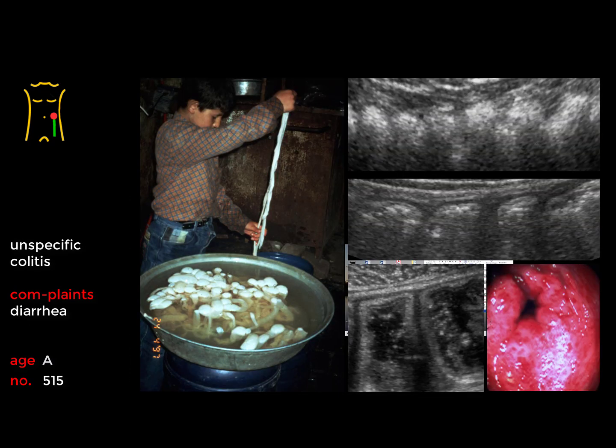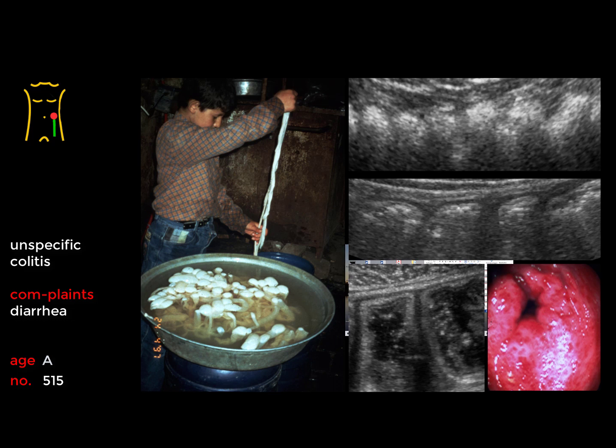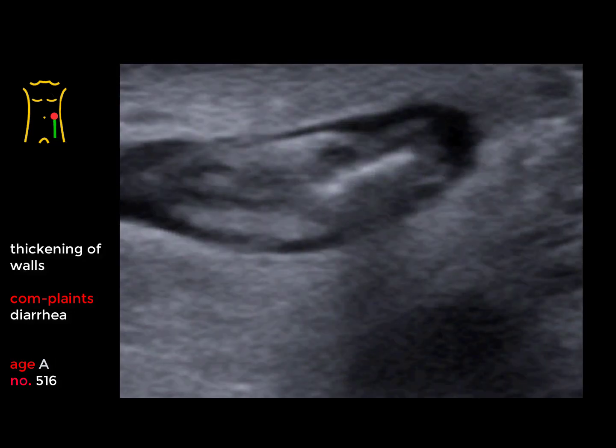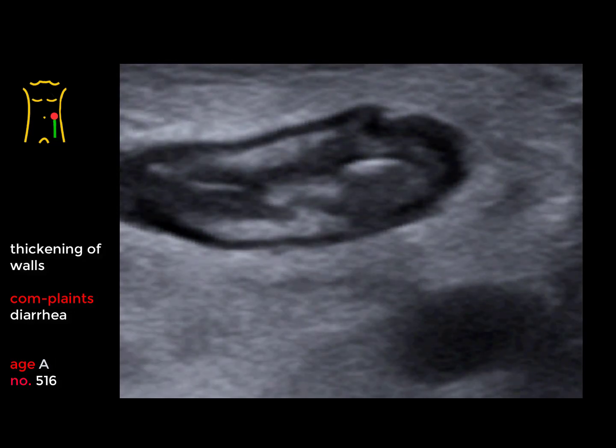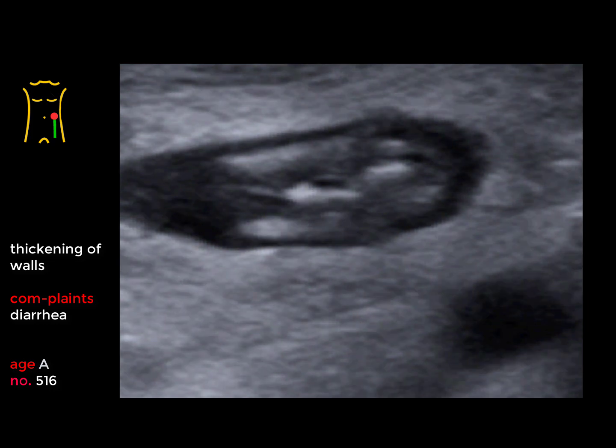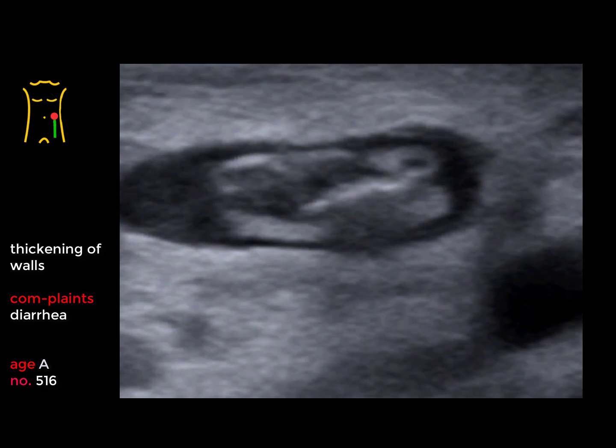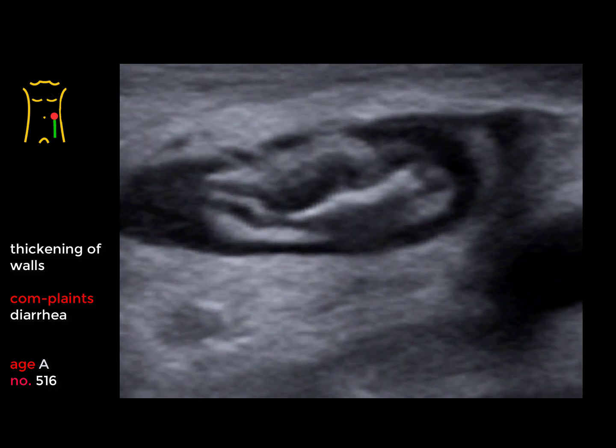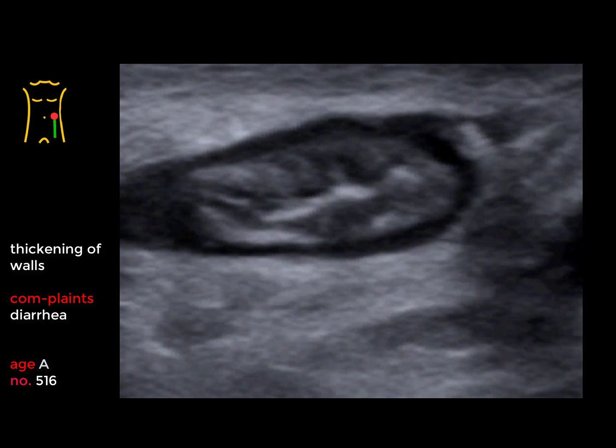A classical ileus terminalis, again in 514, with the typical thickening of the wall layers. And in 515, pictures down right show a self-limiting diarrhea. Clinical appearance is decisive. This holds true for case 516 as well, thickening and congestion of small and probably large intestine as well.